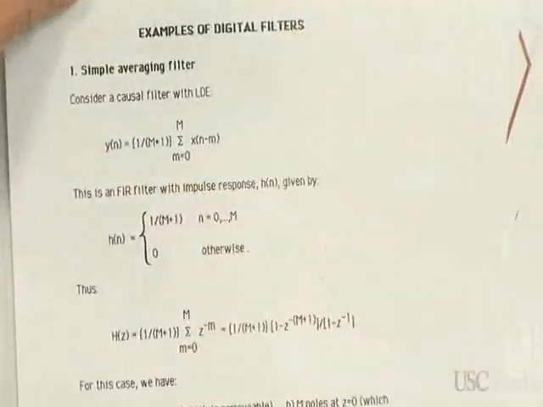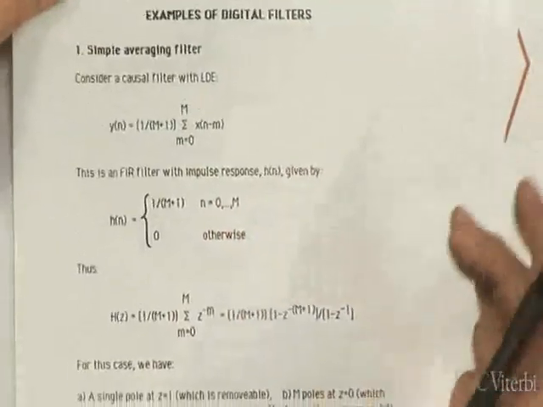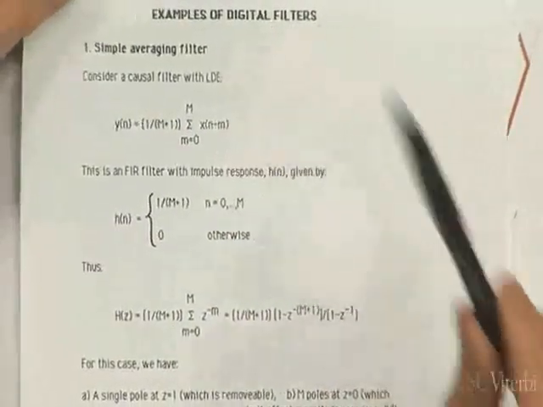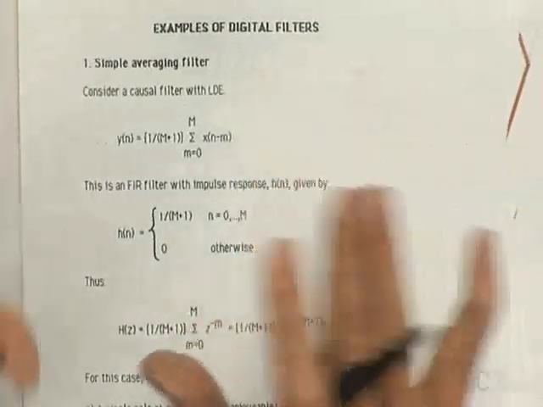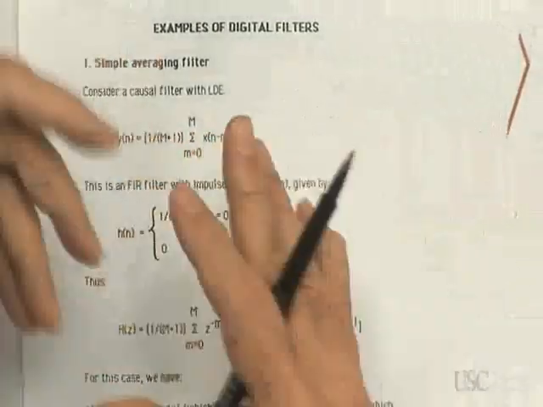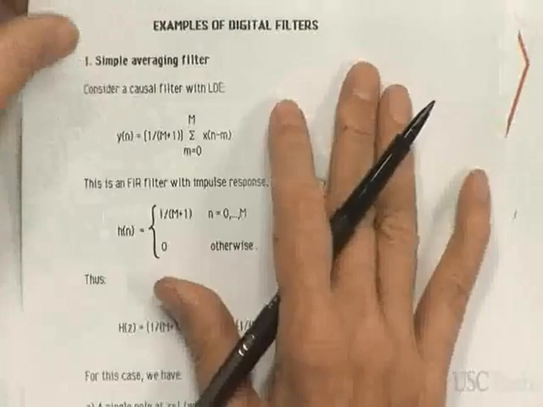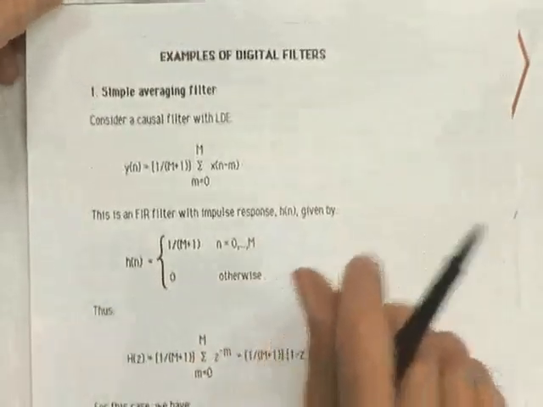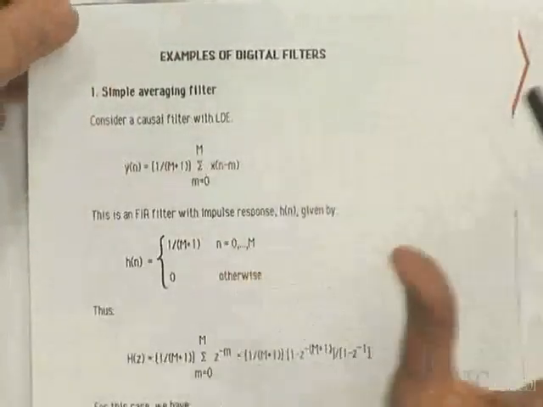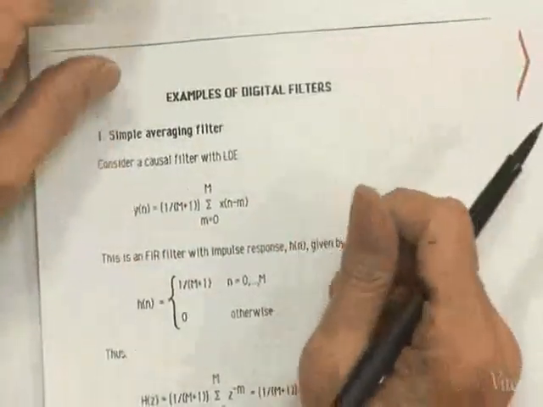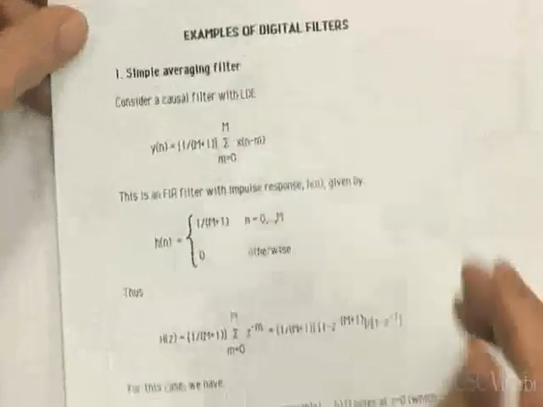So we have enough background that we can actually look at some examples of digital filters. Some are simple, some are, well, they're all simple, but some are filters you've seen every day. One is a filter that you will see when you do the project. So go through my examples. It'll help you for the project.